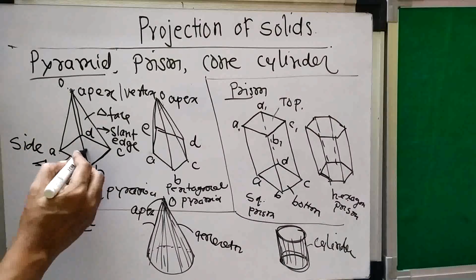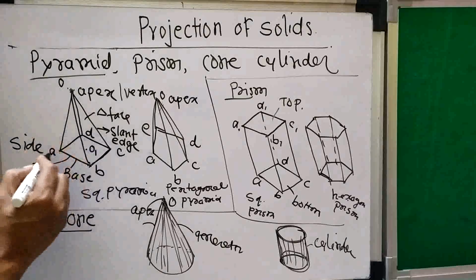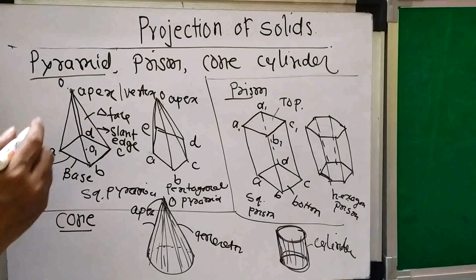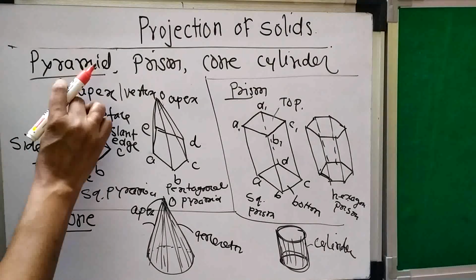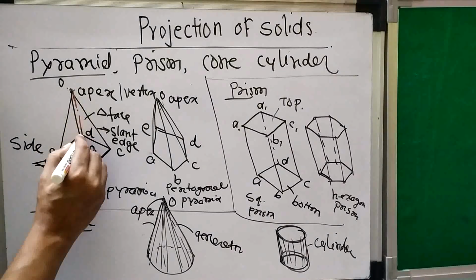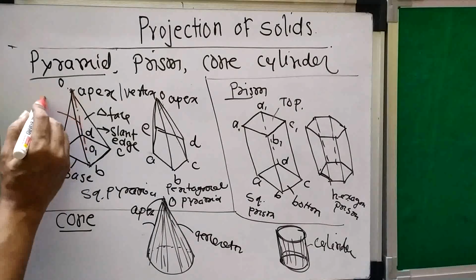Suppose this is the midpoint of the base, we name this midpoint O1, and if I join this O and O1, O as apex and O1 as the base midpoint, so this O and O1 is the axis.